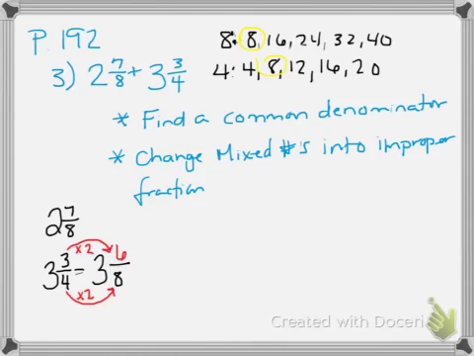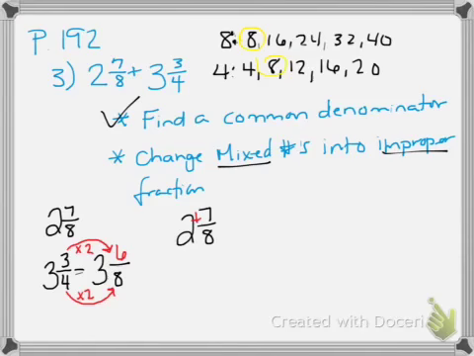Now that I have 2 fractions with common denominators, I will rewrite the mixed numbers as improper fractions. So in order to do that, we do 2 7/8. We're going to use the Texas method.